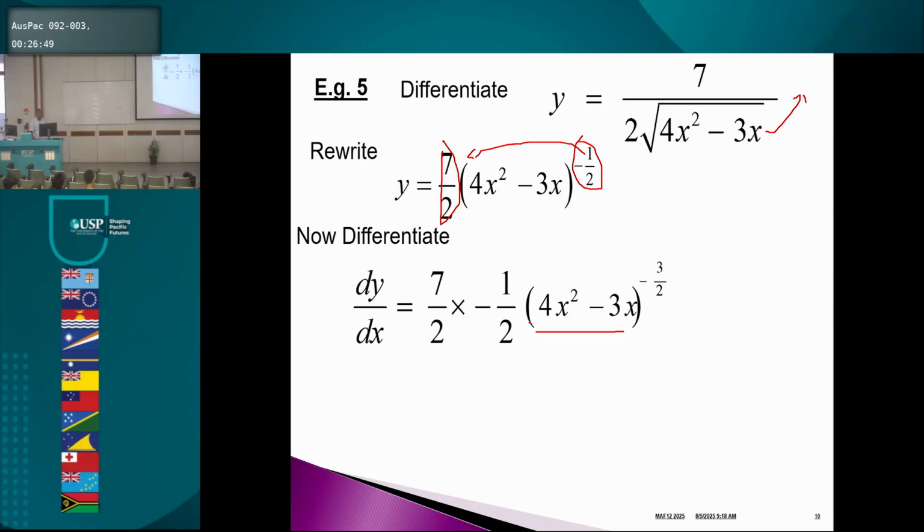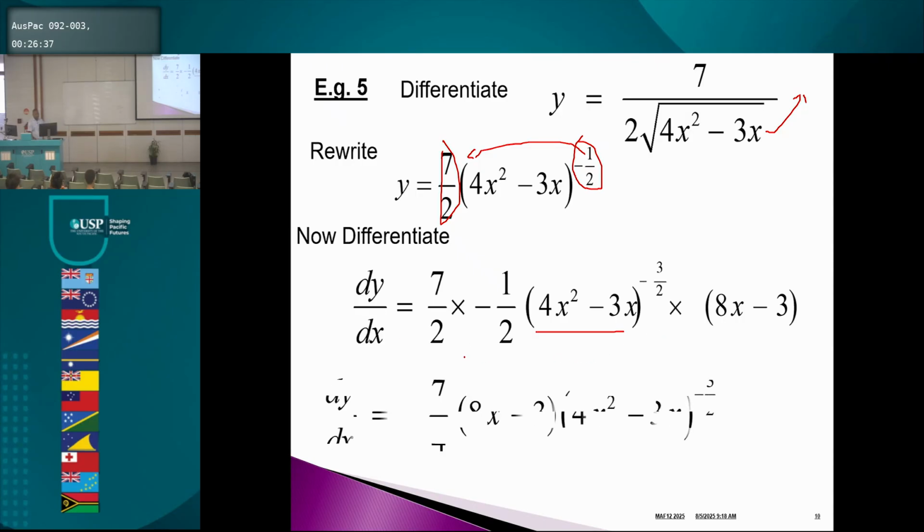And then I'll differentiate the inner function. And again, like I said, rearrange it. Write it properly. Again, I don't like the look of this. If you like maths, see if you can rewrite this properly.